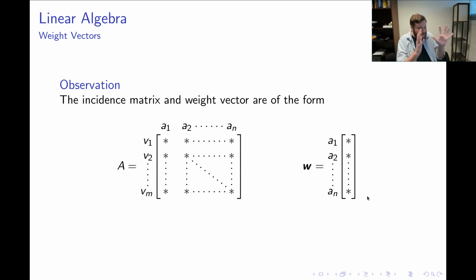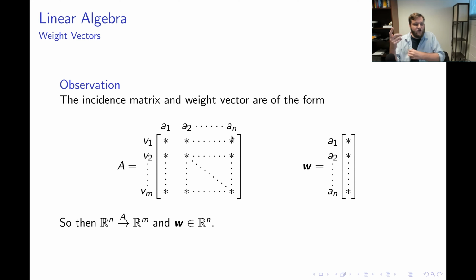And if I stare at this situation for a moment, I realize that there's something interesting that might happen. Here, my matrix is m by n, and if I'm thinking in terms of matrix vector products, I might use the arrow notation to communicate this. Since A is m by n, I can view it as a machine that can be multiplied by vectors coming from R^n to produce vectors in R^m.